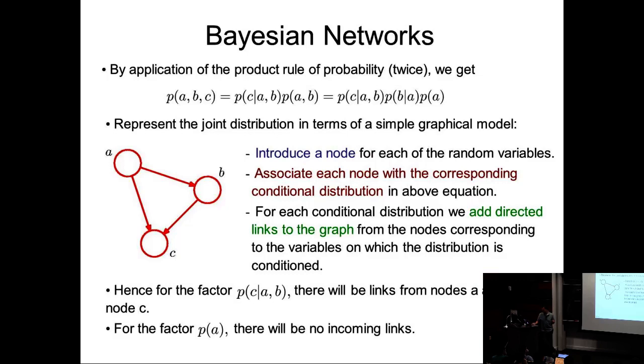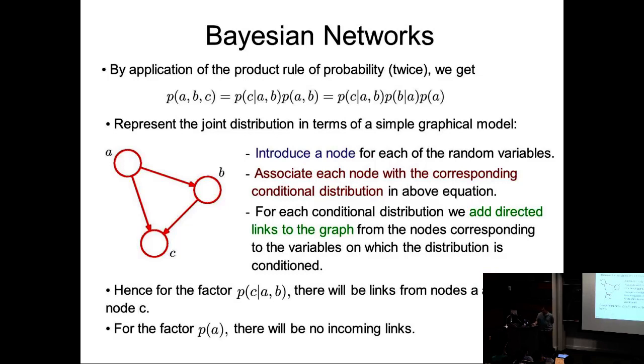I have the prior probability P of A. There are no incoming links. Then I have the probability of B given A, right? So it's the conditional probability of B given A, and that's a directed link here. And then I have the conditional probability of C given A and B. So you can see the links coming over.